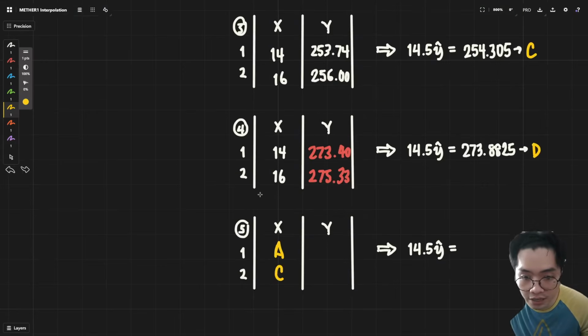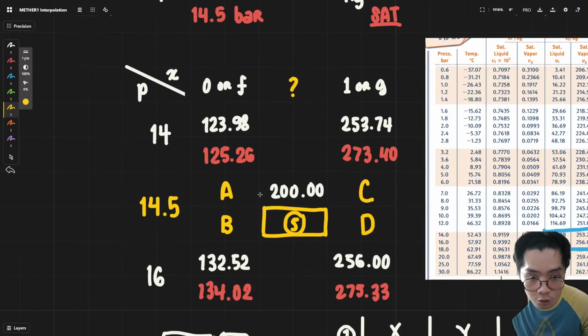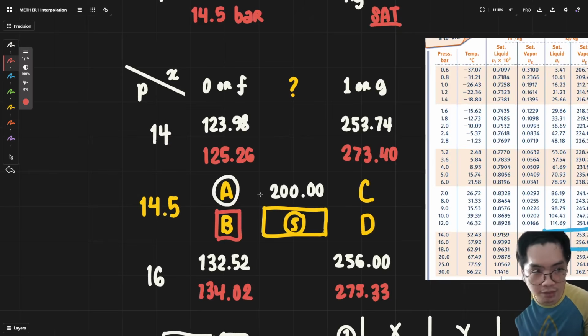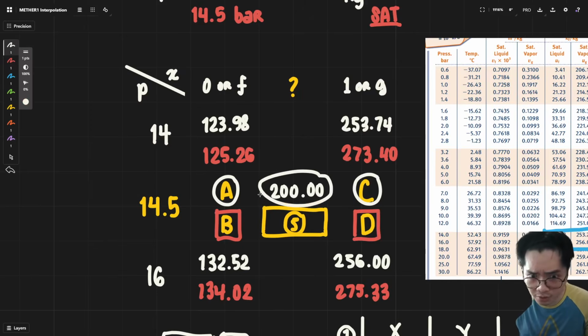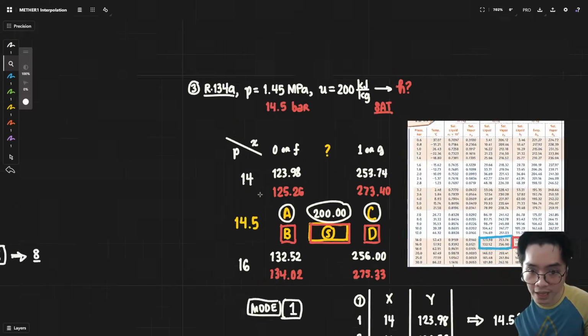What we should put in here is the values of B and D. Notice that if A is your internal energy, then B is your enthalpy. If C is your internal energy, then D is your enthalpy. If 200 is your internal energy, then your answer should be the enthalpy.